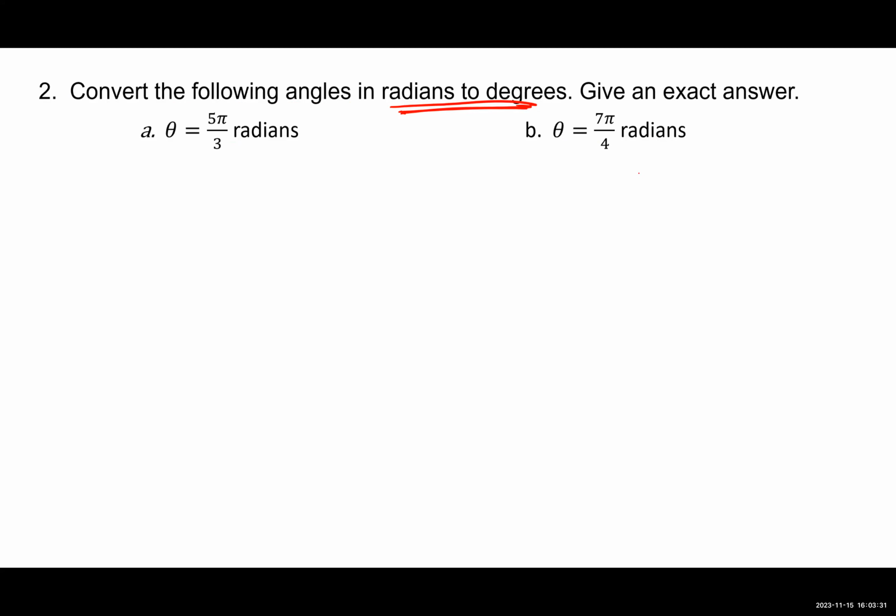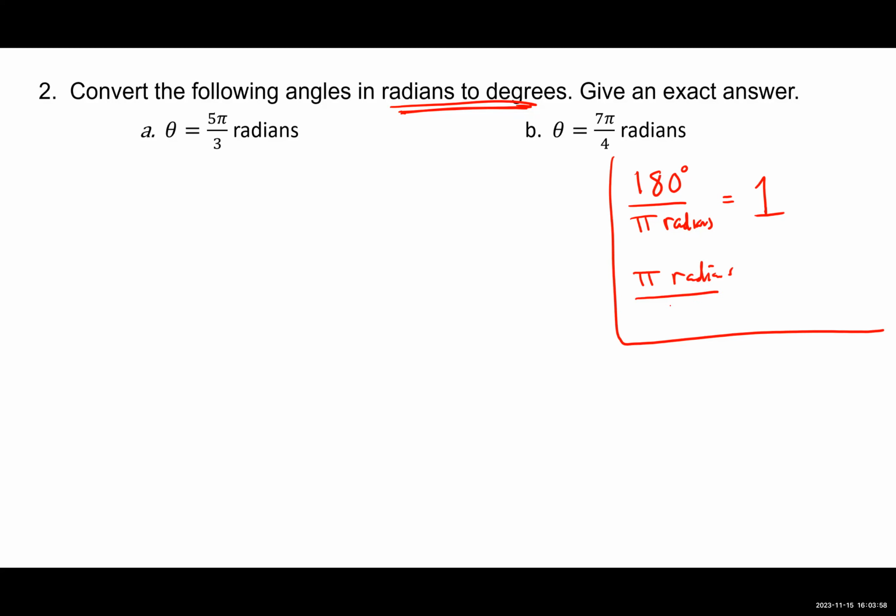So again, just like I had on the last slide, 180 degrees over pi radians is equal to 1, or pi radians over 180 degrees is equal to 1. Right? This is nothing new. This stuff you've seen before.